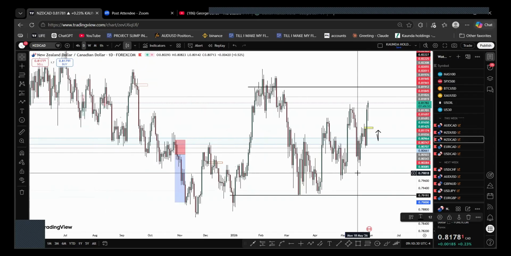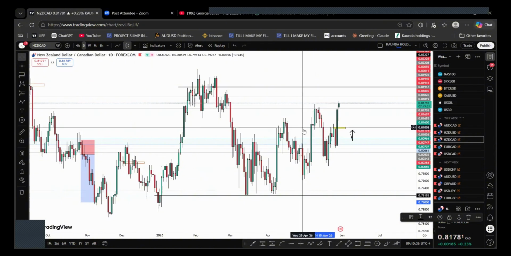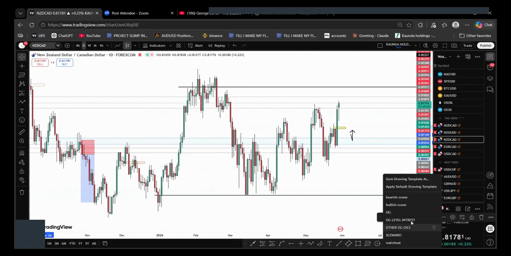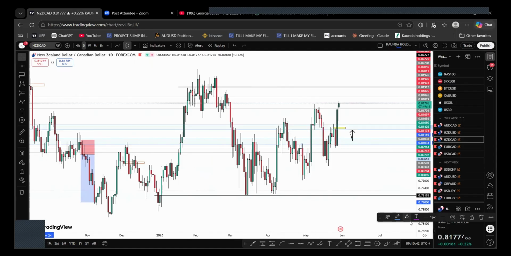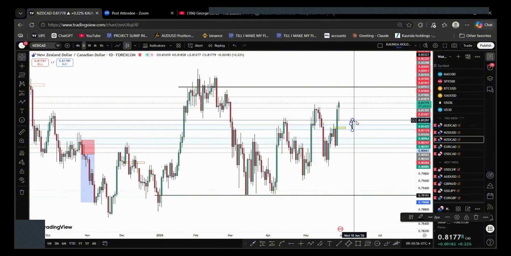And if we make a new higher high today, then we'll change our focus to this OG level. If this daily just breaks above this, it will be our new focus. And next week we're waiting for price to retest back at this one. Then we can buy.